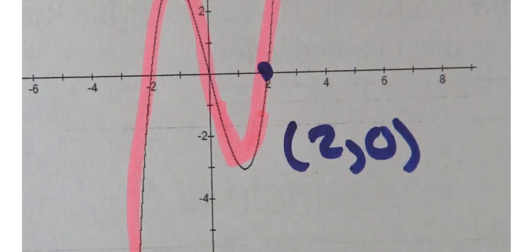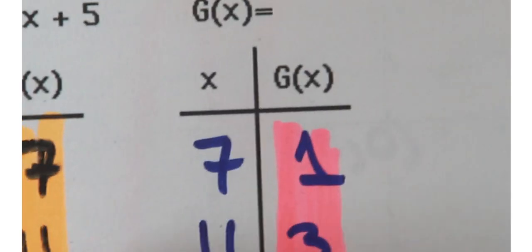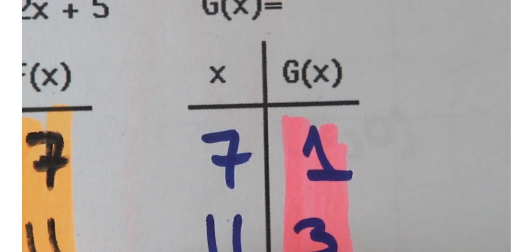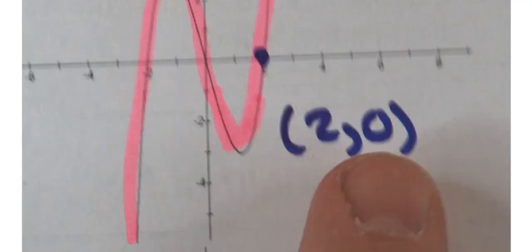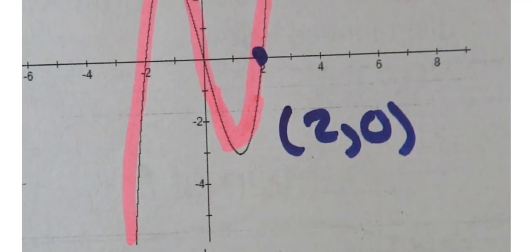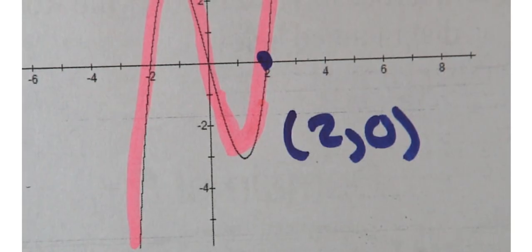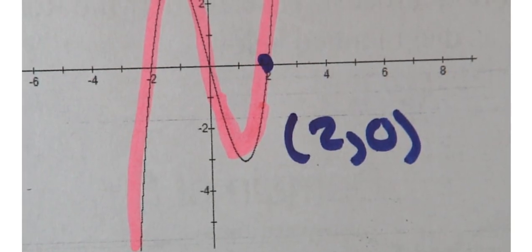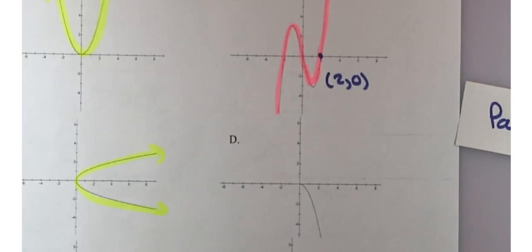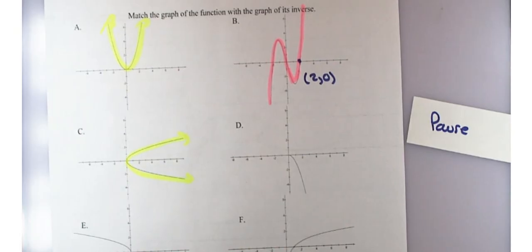Now when you flip it, and if you look at what we did here, what happened with these coordinates when I went from the function to the inverse? They flipped. So instead of a point at 2 and 0, you're going to have a point at 0 and 2. Yeah, nice. So try and find the inverses for the remaining graphs.